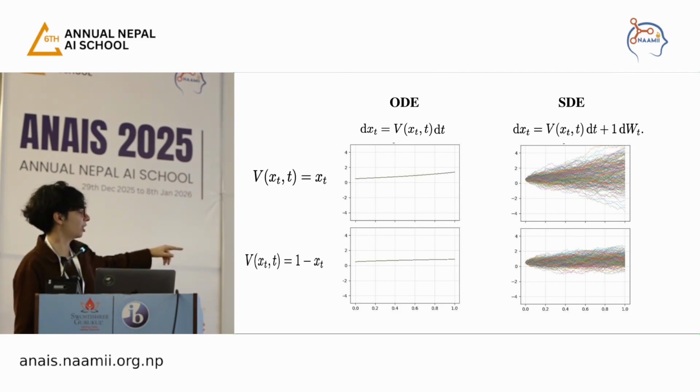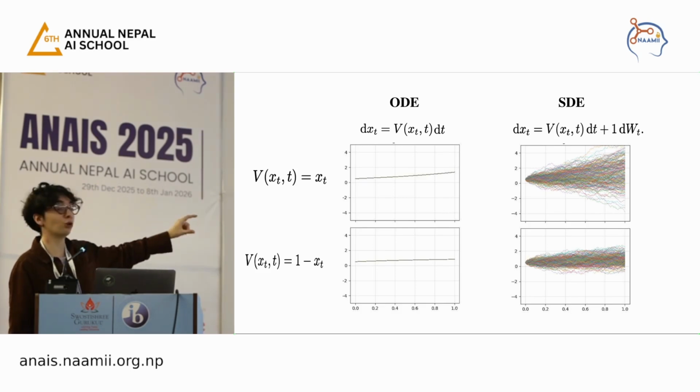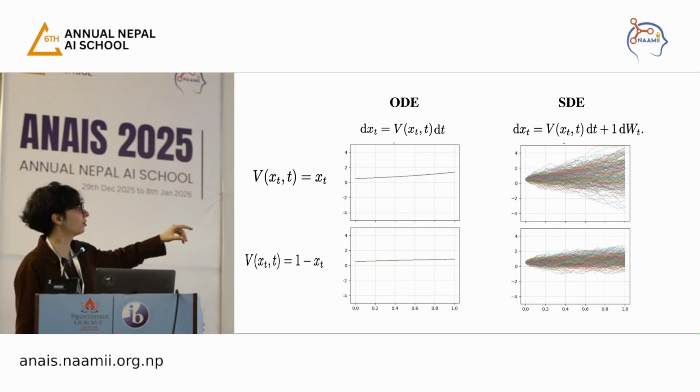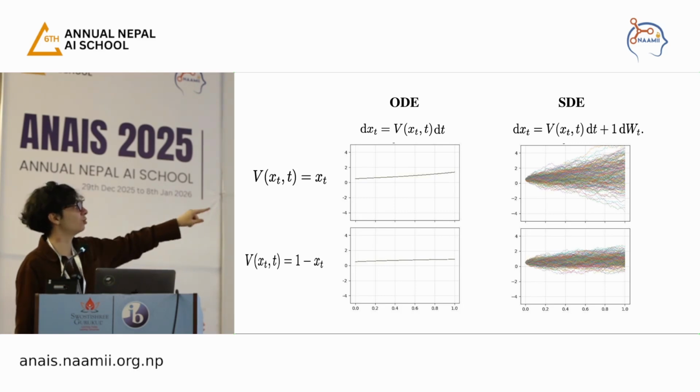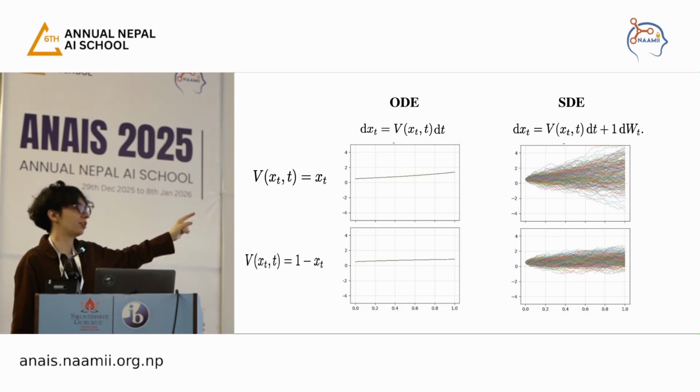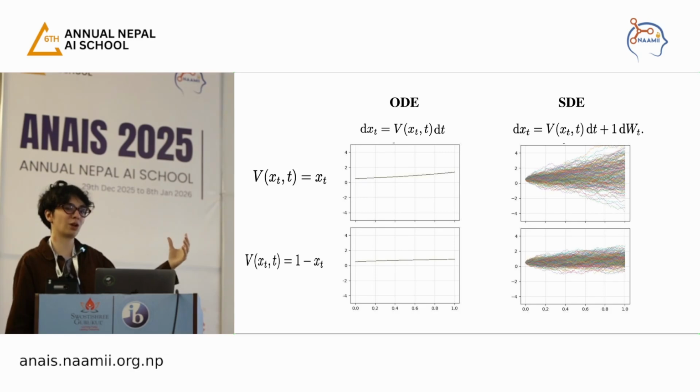Then if I look at 1 minus x_t, it will look like a logarithm type of function. When I add noise to this kind of dynamics, what I can notice, and I think it's quite cool to see, is that even though I add the same noise, the drift is making the solution look different.